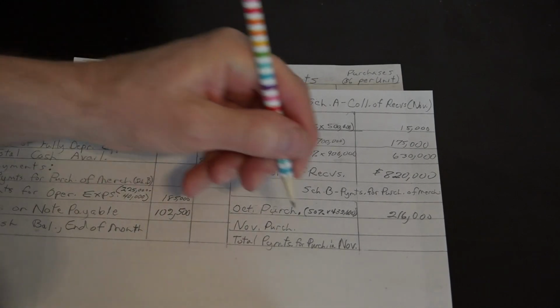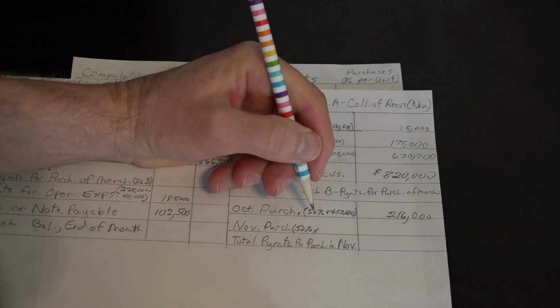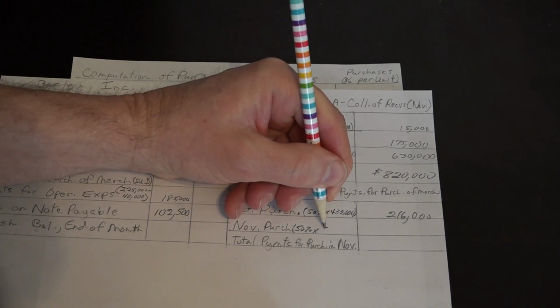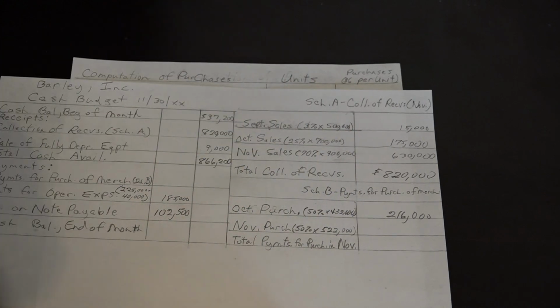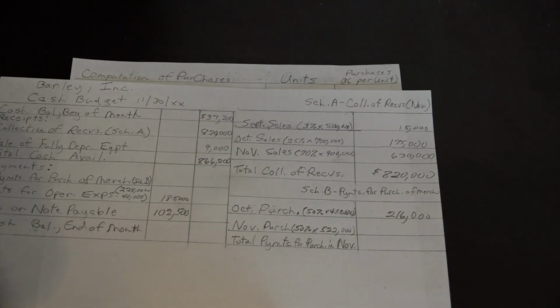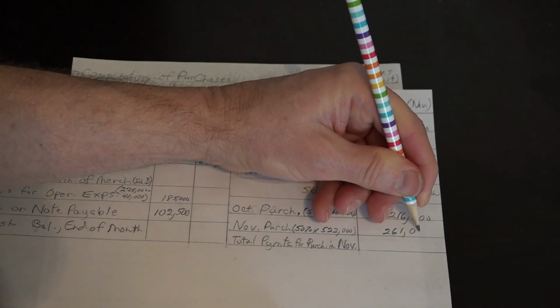For November purchases, it's 50% times 522,000. And so that number is 261,000.